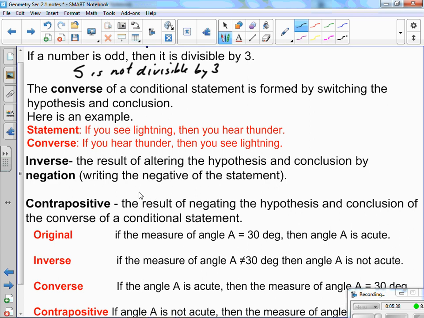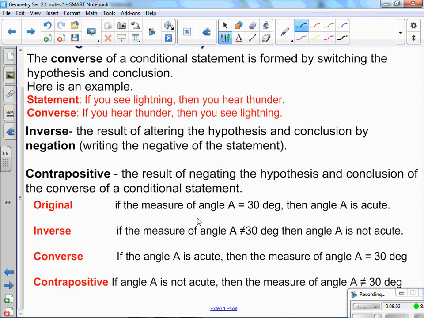And then the contrapositive takes the converse that has flipped the hypothesis and conclusion and negates that. So converse switches them, inverse inserts not, and the contrapositive switches them and inserts not into the statement.